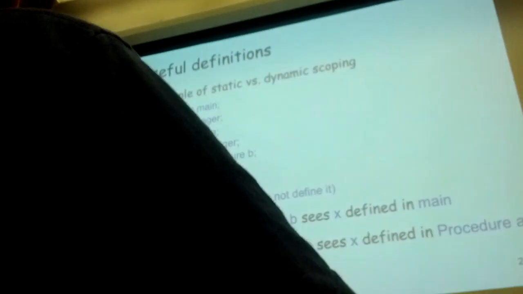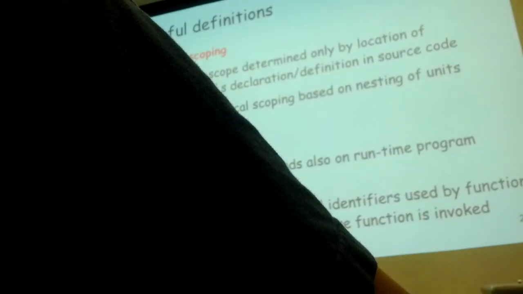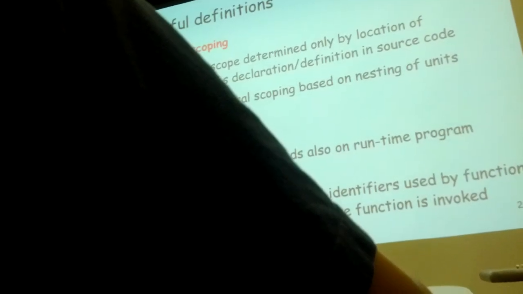In the case of dynamic scope rules, a reference to a non-locally defined identifier is resolved in the context of the unit that invoked this unit, and that can change at runtime. We will see an example of that next time.